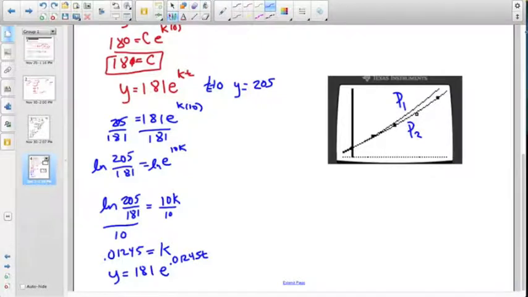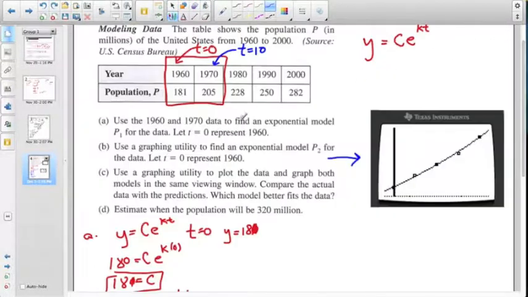The next question is saying, go ahead and use your graphing calculator and put in all the data and find the model that best fits all of the data points. So here is the exponential regression on my TI-84.